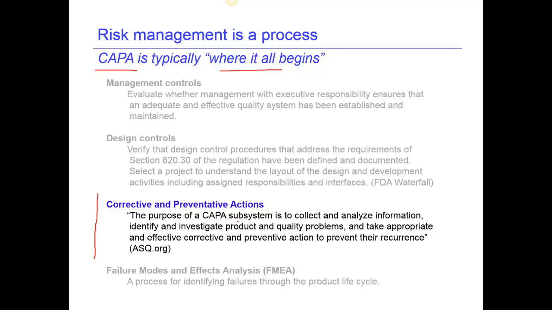This subsystem is to collect and analyze information, and then of course take appropriate, effective corrective and preventative action. Again, corrective and preventative are two different types of action, and this is intended to prevent the recurrence of the issues that were recited.